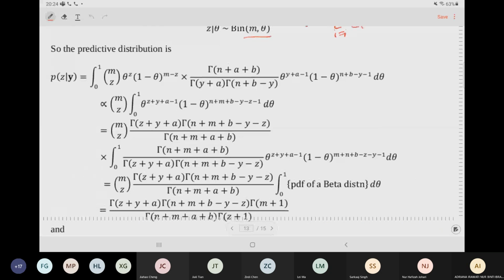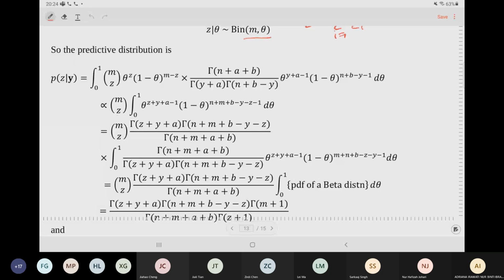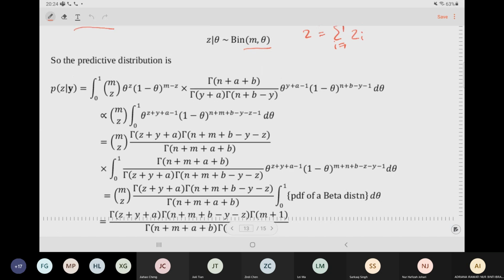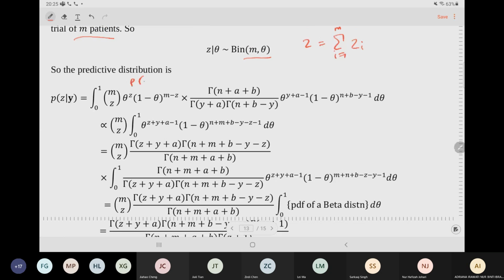Maybe you missed it. So to find your Z given Y, you actually use a proper PDF. This is actually your binomial, this is your P of Z given theta, and this is your posterior, which is theta given Y.